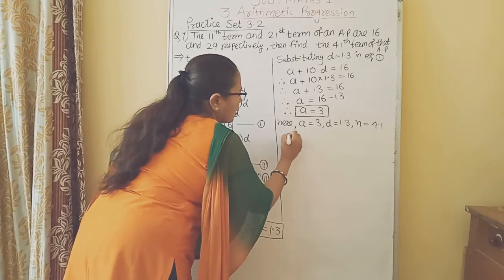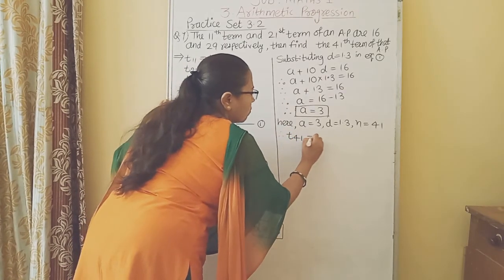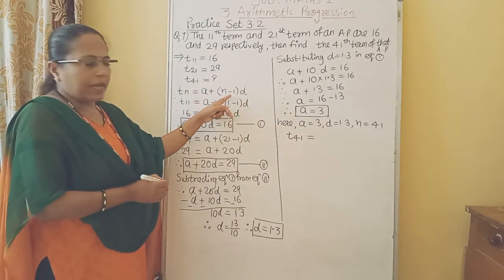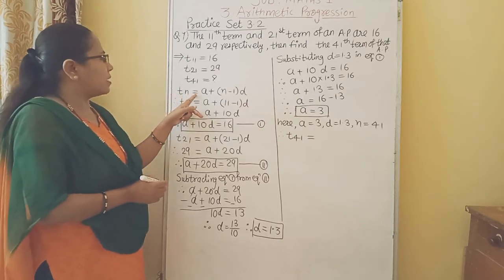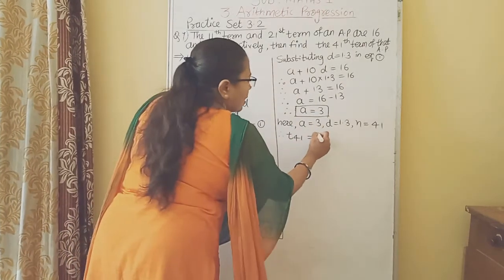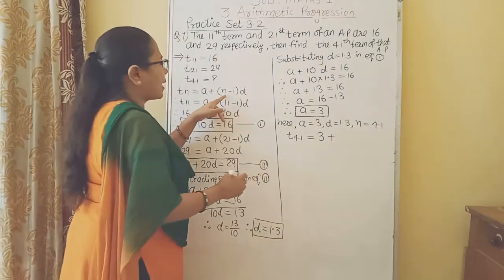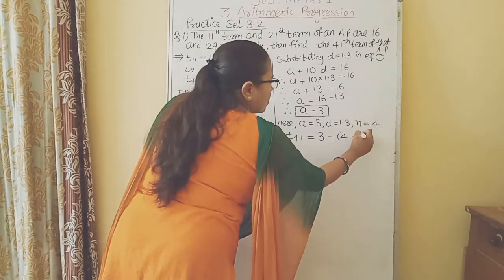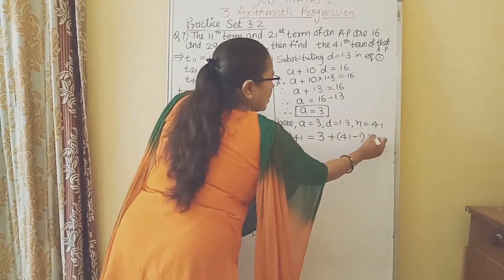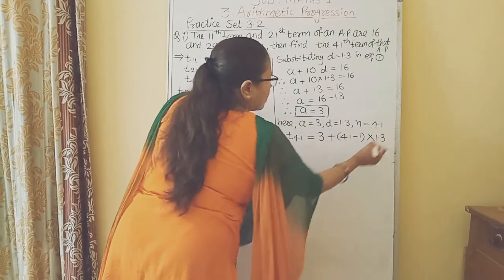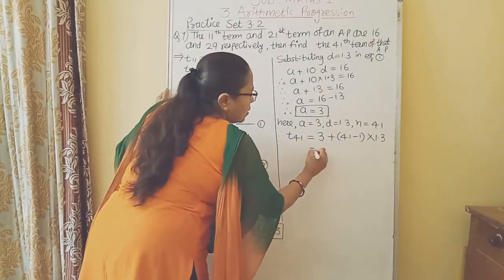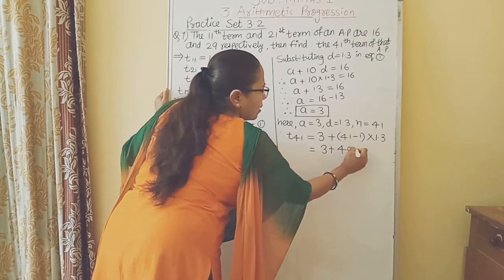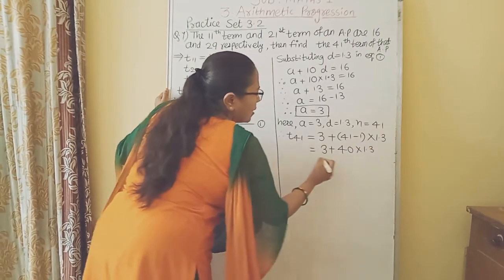Therefore, T41 is equal to, again we apply the nth term formula. According to this formula, T41 is equal to A, which we got as 3, plus (n minus 1), where n is equal to 41, so 41 minus 1 into D, where D is 1.3.